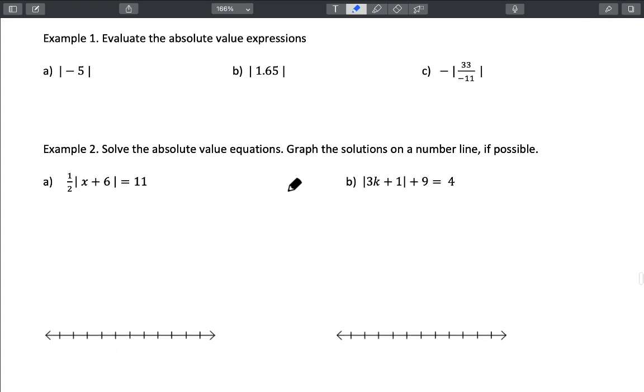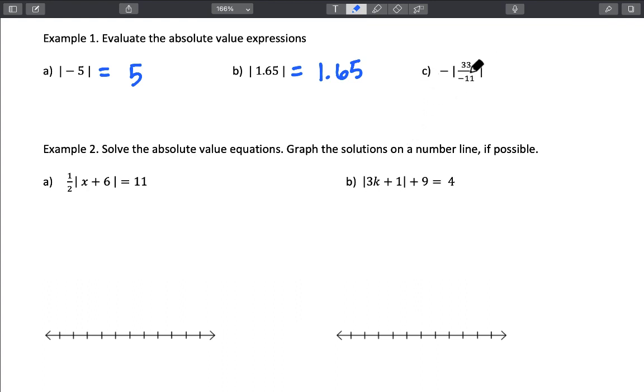All right, let's take a look at a few examples. We're going to start off by just evaluating absolute values for these expressions. Well, the absolute value of -5 is the distance -5 is from 0, and we just saw that example up above. It is +5. The absolute value of 1.65 is the distance 1.65 is from 0, which is just 1.65. Remember, distance can never be negative. It's always positive.